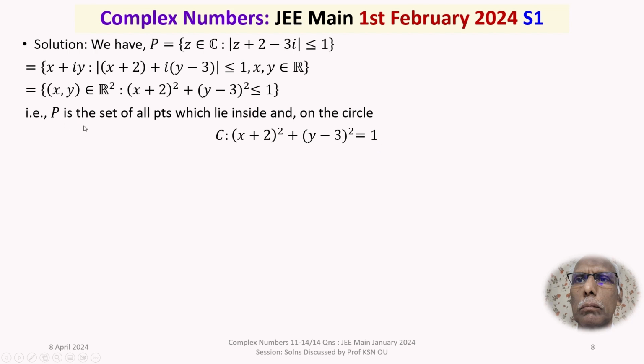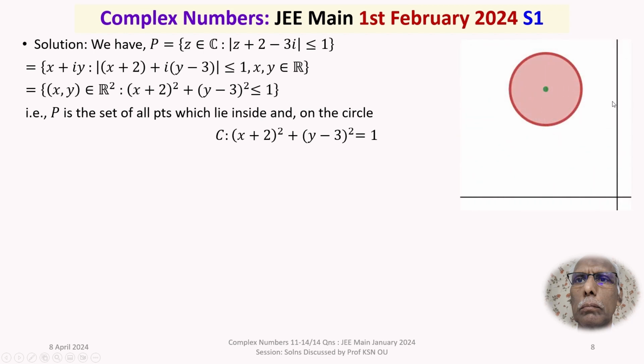And what is P? P is the set of all those ordered pairs (x, y) belonging to R square, that is the set of all points which lie inside and on this circle, because it is less than or equal to. Agreed. This is your diagram: the center is (minus 2, 3) and the radius is 1.